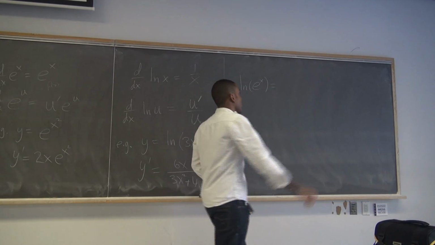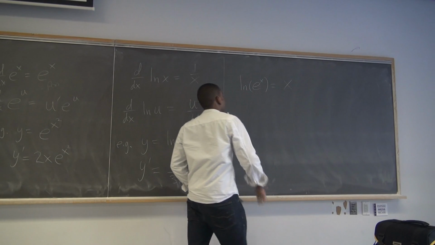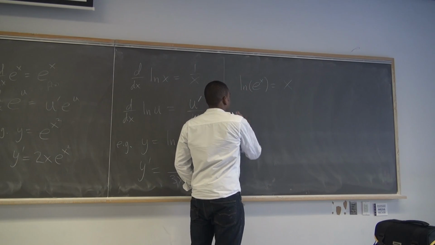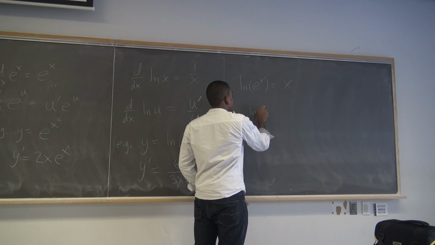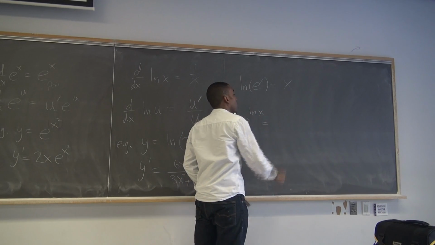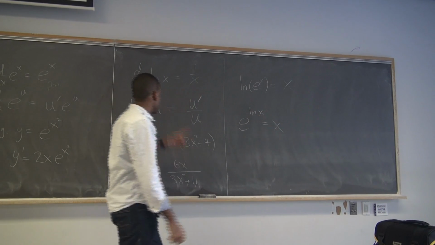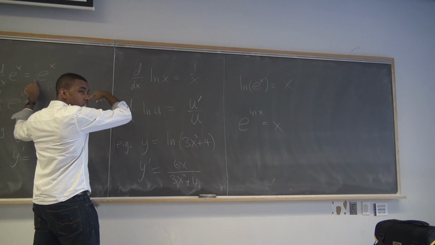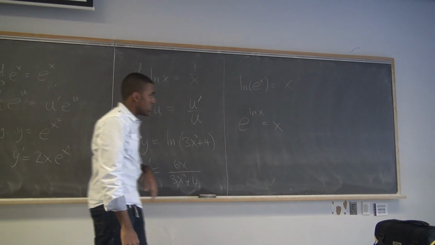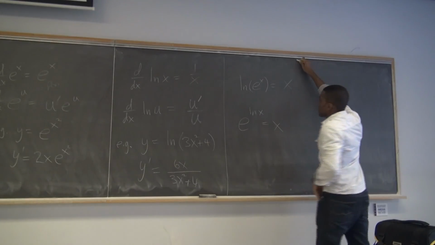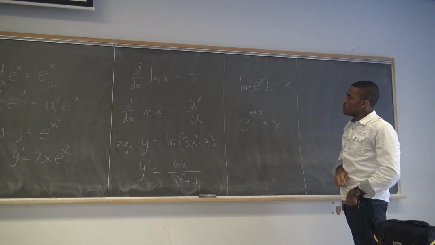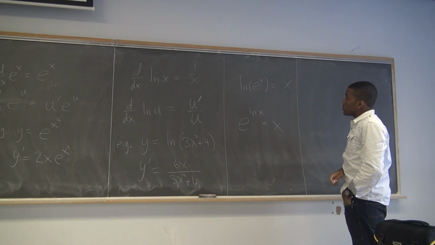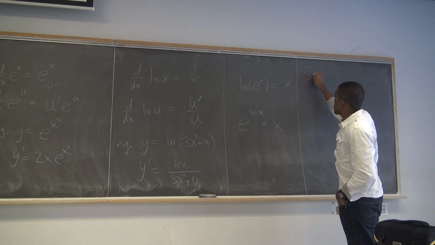It's x. What is e to the ln of x? Also x. The exponential and the logarithm are inverse functions. You plug one into the other, you just get the original input. Okay. So, what if I ask you to solve the equation?